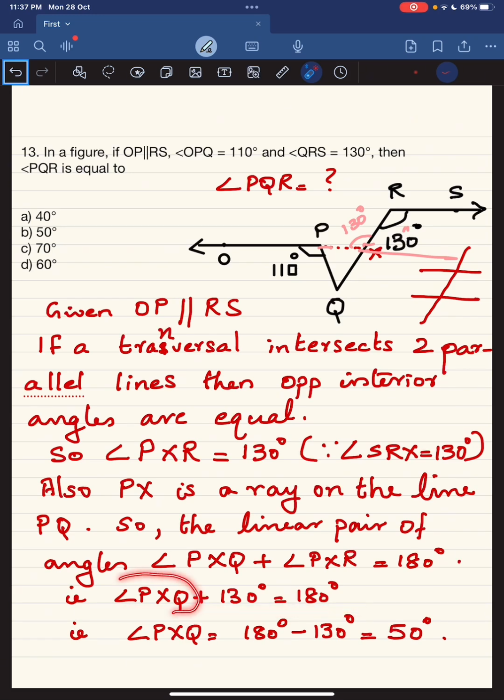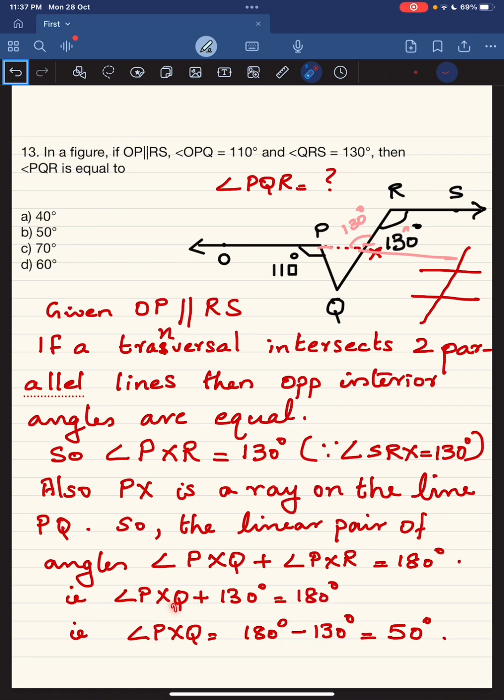We have to find angle PXQ, so we transpose all the values other than PXQ to the right side. Angle PXQ is equal to 180 degrees, and we transpose plus 130 to the other side, so the plus sign changes to a negative sign.